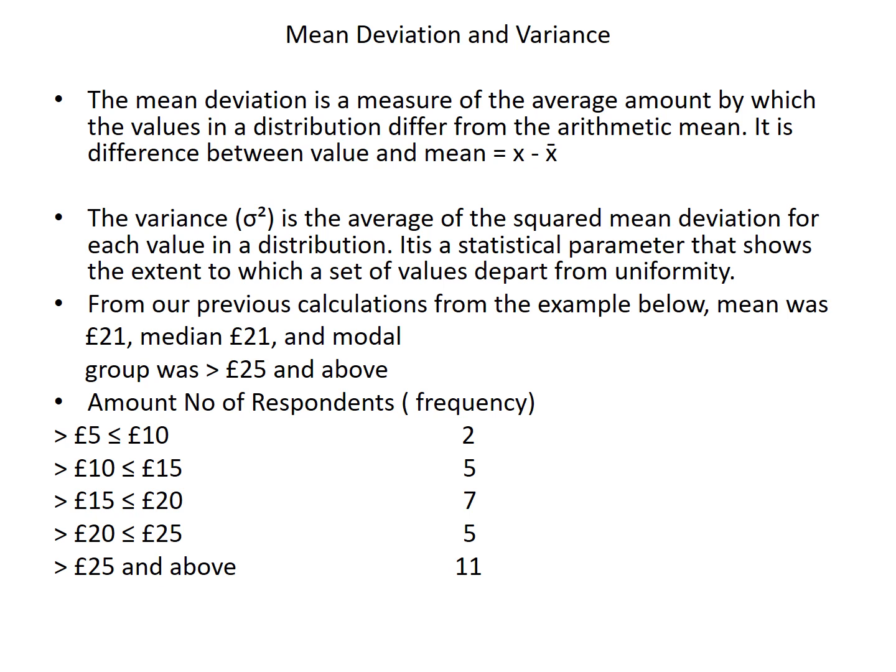So the sum of the total f times x divided by the sum of the total frequency will give you the average, the mean.